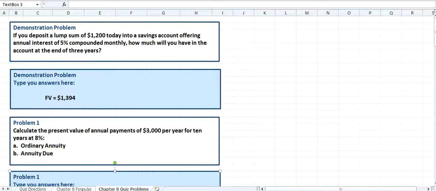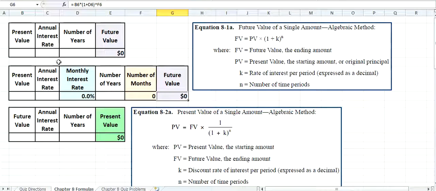What I had to do is use the future value of a single amount formula right here to find a future value, but I had to adjust for a monthly interest rate and for the number of time periods being the number of months.